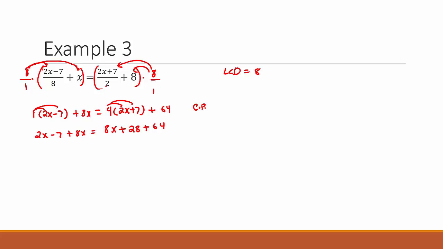Like terms on each side. On the left-hand side, I have the like terms of 2x and positive 8x to give me 10x. Bring down the minus 7. On the right-hand side, we have the like terms of positive 28 and positive 64. So 28 plus 64 gives us 92.